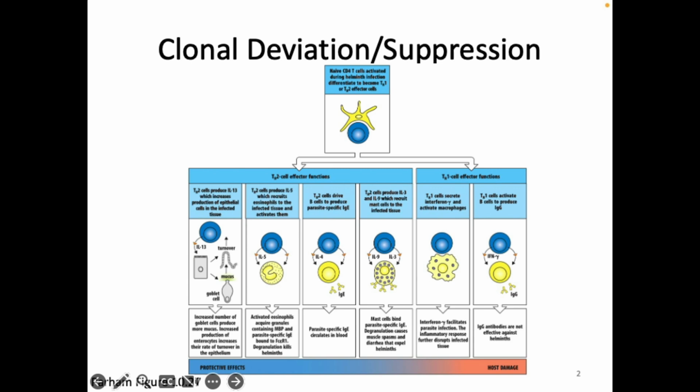This is all related to the idea that naive T cells, particularly naive helper T cells, can be pushed in different directions when they are activated: towards Th1 versus Th2, versus Treg versus Th17, etc. In some cases, one of those responses might be protective or keep you from having pathology, while others may lead to some host damage or pathology.